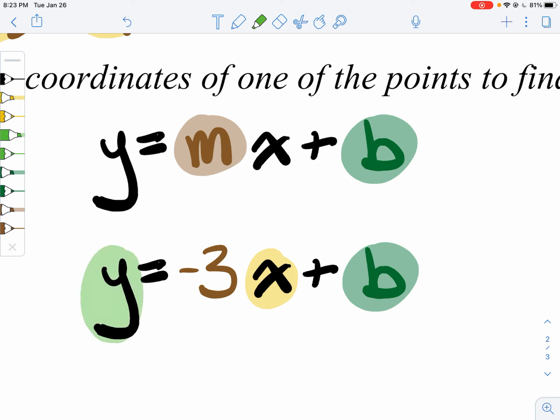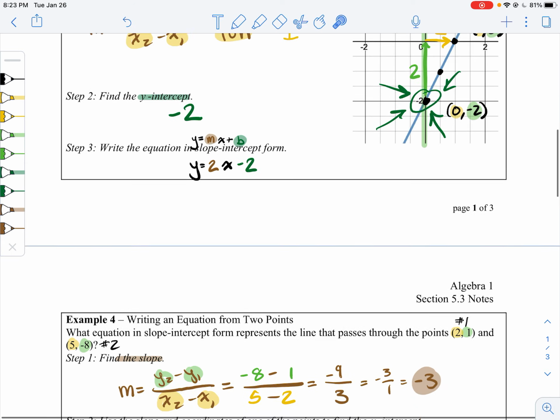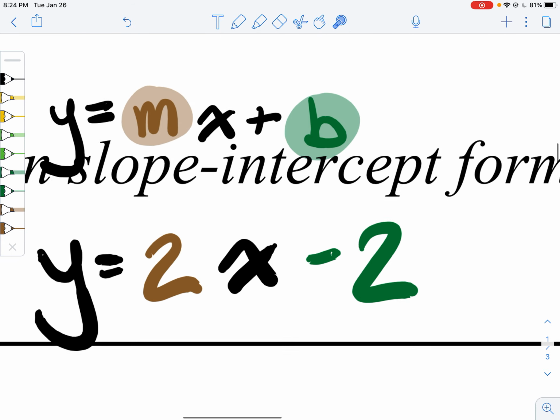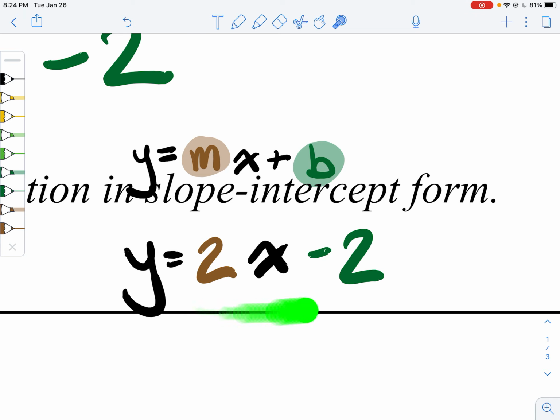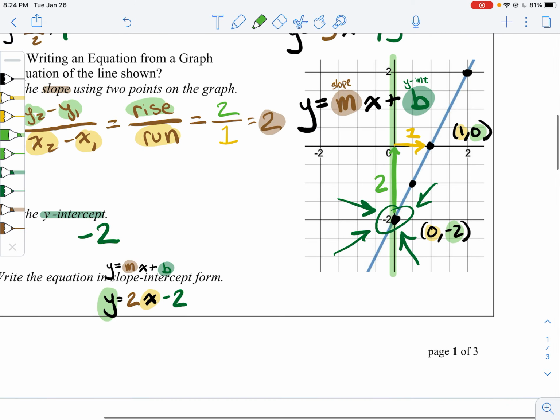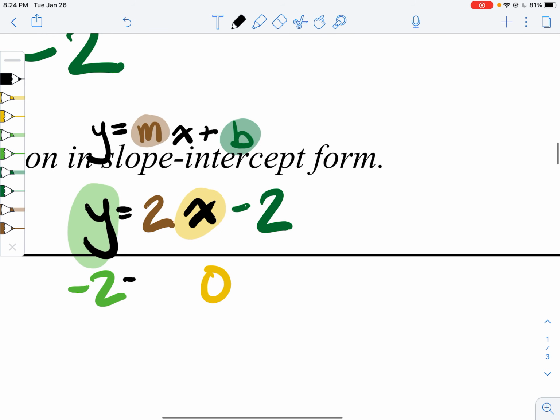What the equation of a line really represents is the set of all x's and all y's that will make this equation true. So if you plug this point in, for example, if you have x equals 0 and y equals -2, is it true that -2 equals 2 times 0 minus 2?